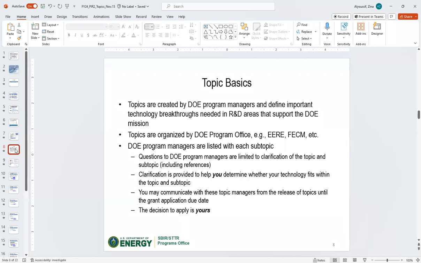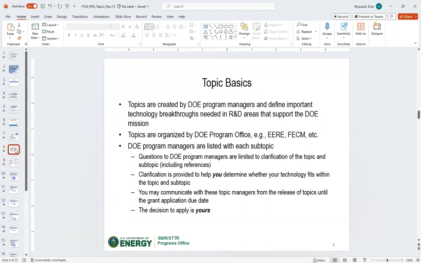Many of these topics are related to the topics they are sponsoring in one of their universities or national labs. When you go through the topics document, you will see the topics are arranged by program offices and organized alphabetically and numerically, and that is the way we are going to refer to them.